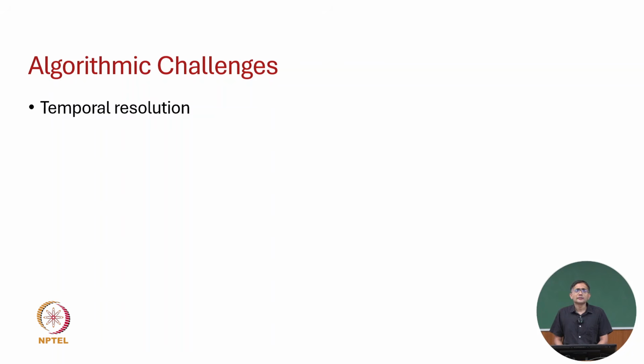We are often interested in understanding how our environment, how our earth is evolving. And there again, there is a strong disparity in the temporal resolution offered by different sensors.